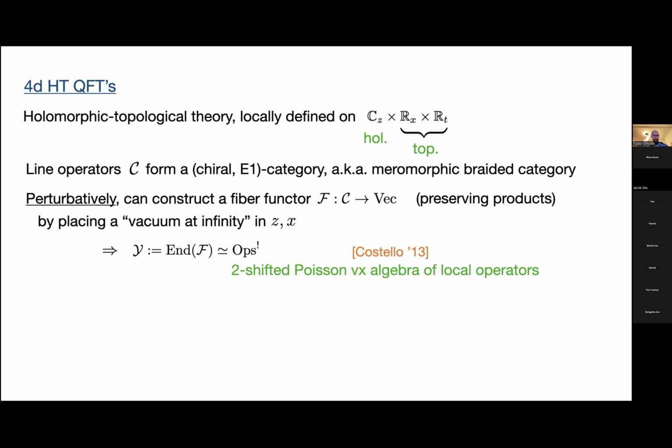Yes, but holomorphic Chern-Simons on C star times R2 can be rewritten as ordinary Chern-Simons for the loop group. You take the radial direction in C star and just treat the thing as an ordinary three-dimensional topological theory. And that's where the quantum loop group shows up.